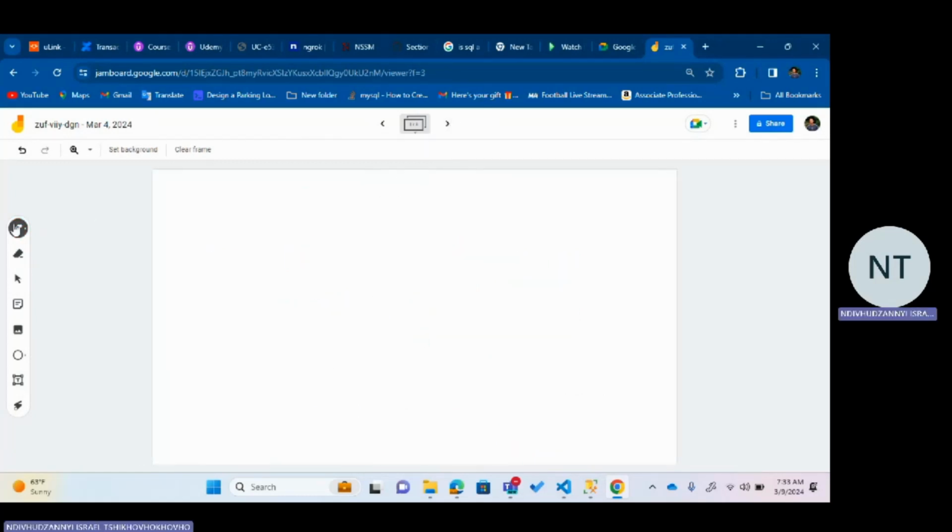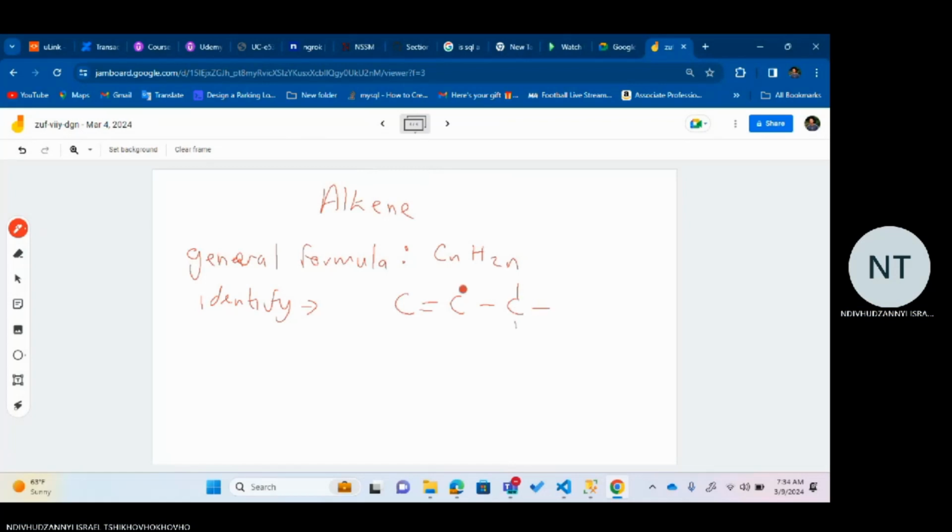Then another one will be alkene. Here, the general formula is CnH2n. How do you identify it? It has a double bond in between the C atoms. So you can see here we have a double bond, right, between the carbons.